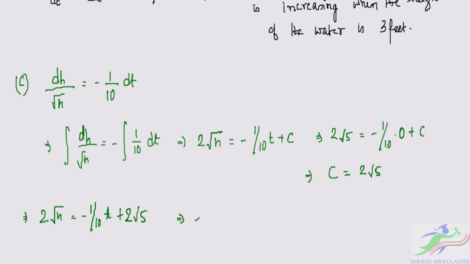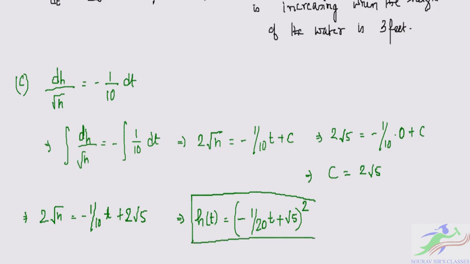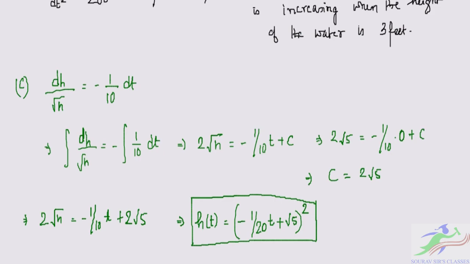From here, if you solve for h(t), it will be h = (-(1/20)t + √5)². That is the expression for h in terms of t. That's all for part C.